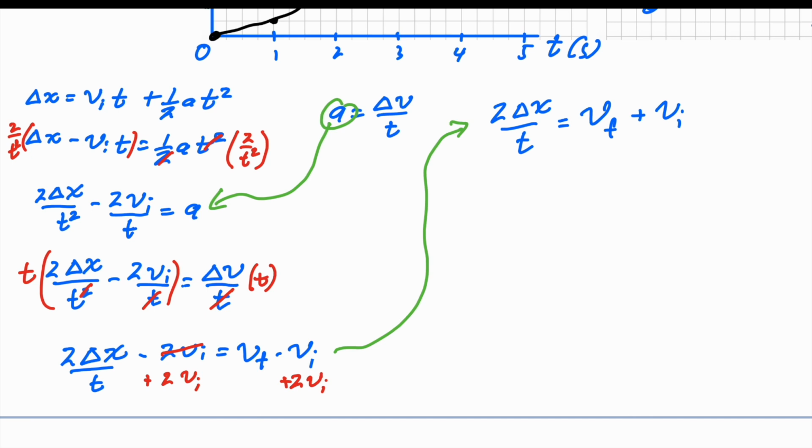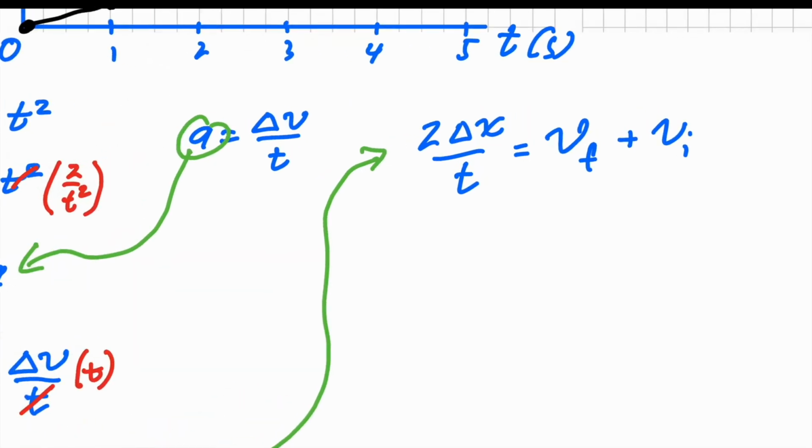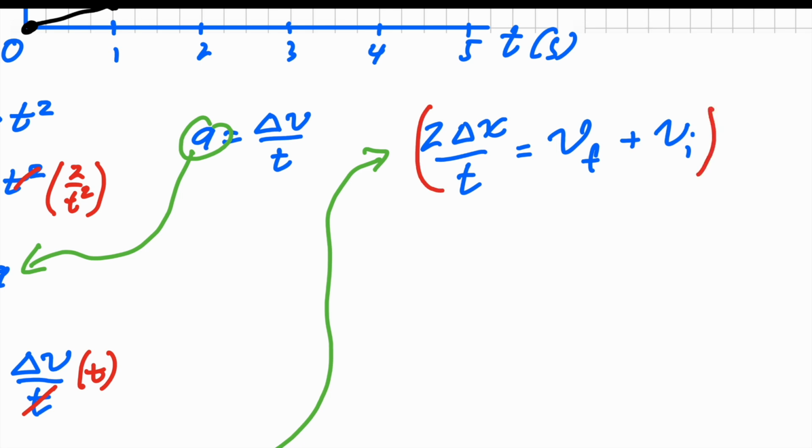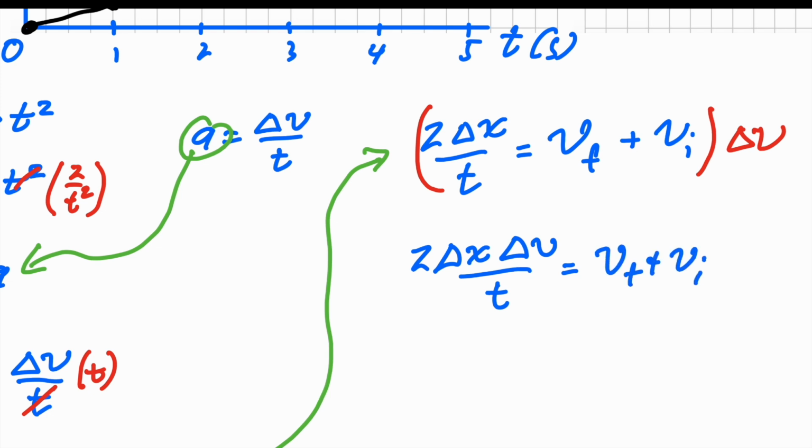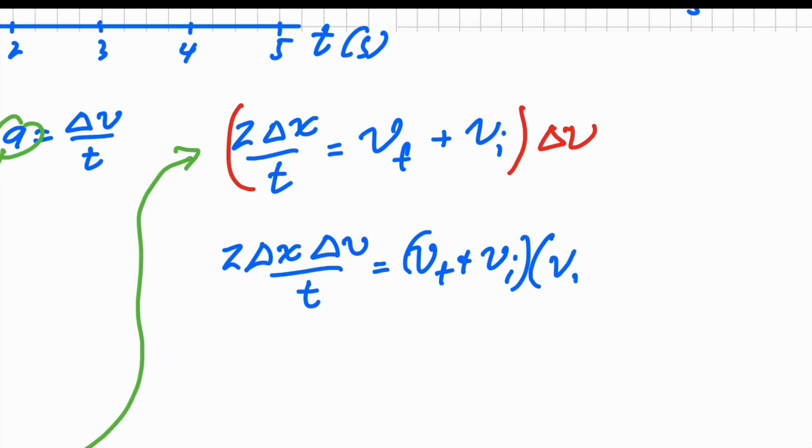Let me show you what I mean. So multiply the whole thing by delta v. So now I end up with 2 delta x times delta v over t. It seems like I just made that more complicated, but you'll see what happens in a second. Vf plus vi times vf minus vi.